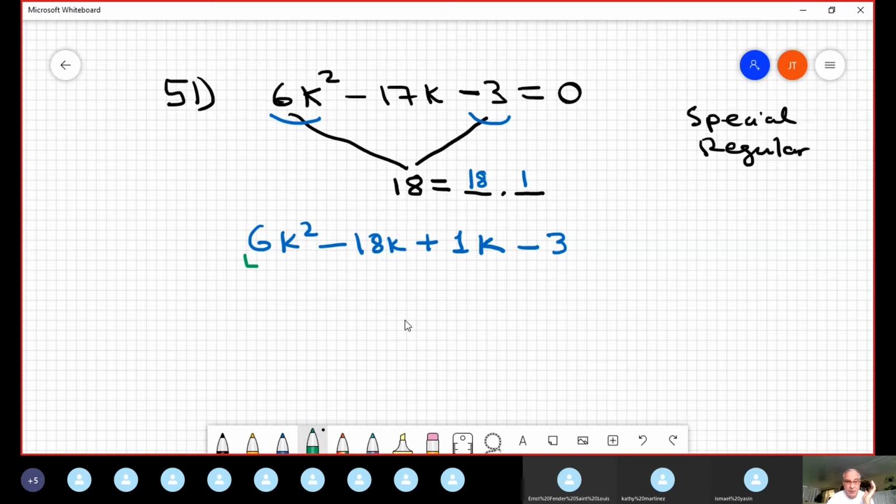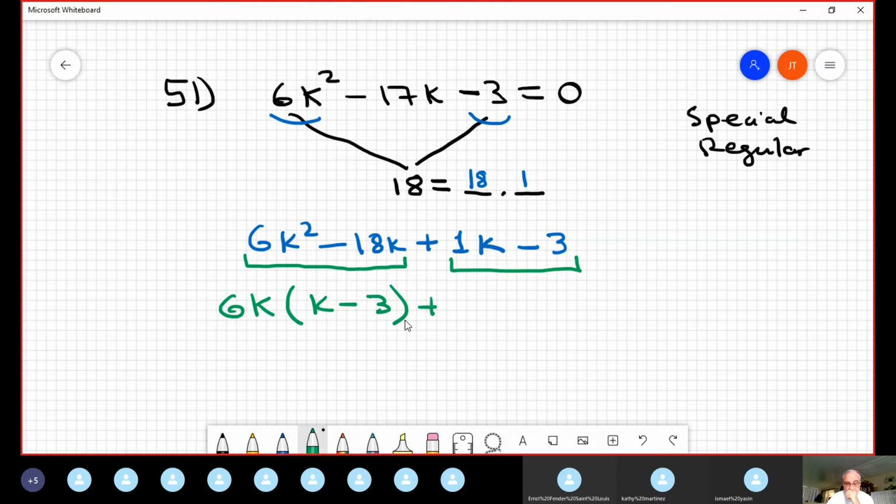I need to perform the factorization by grouping here and here. The greatest common factor in the first couple is obvious, 6k, and we have k minus 3. In the second couple, we have no common factor, it's 1, k minus 3.